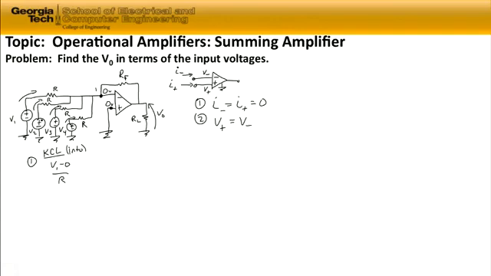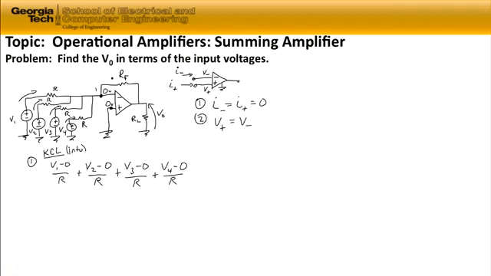The second current, associated with the source V sub 2, is going to be V2 minus 0 over R, because the voltage here is V2 and the voltage at this point is 0, divided by R. Similarly, we can write the expressions for the source V3 and the source V4. That's all the currents from those paths.